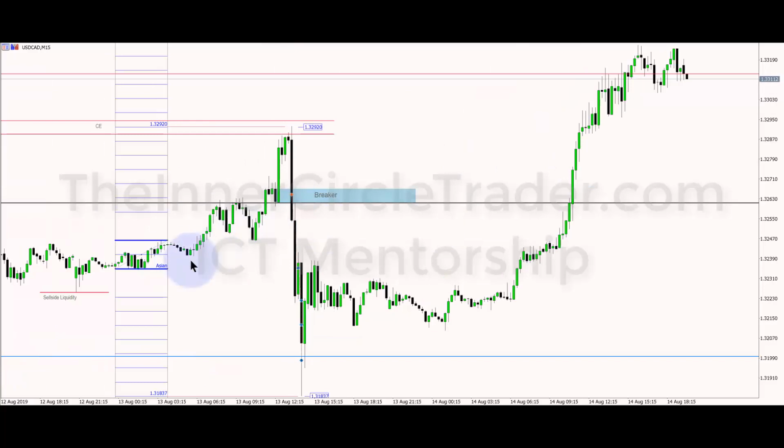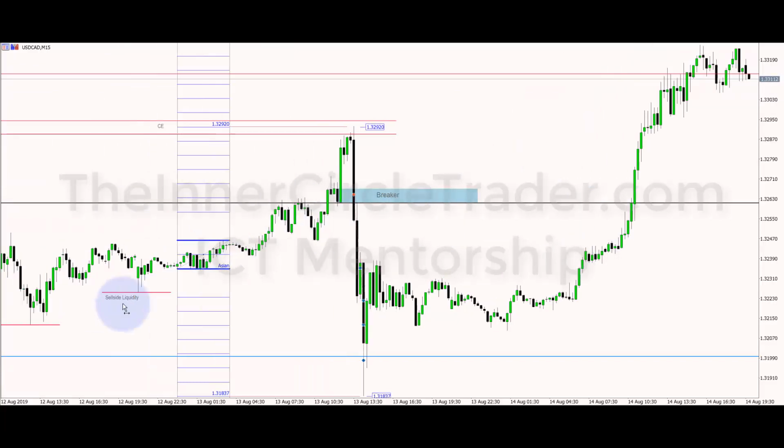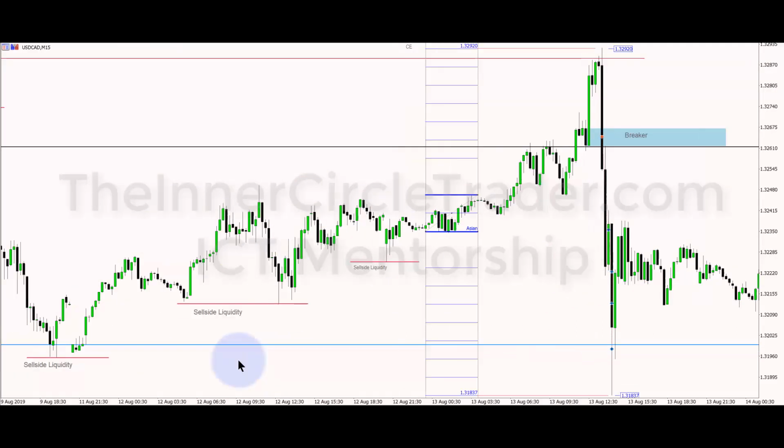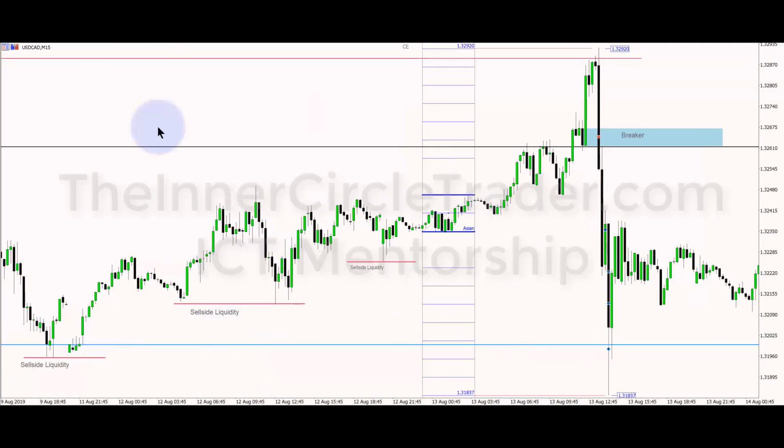Liquidity pool, liquidity pool, rejection block, right here, lowest down close. And every relative equal low, relative equal low, relative equal low.